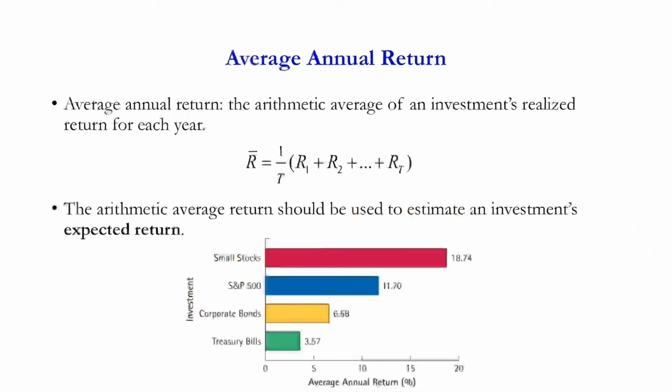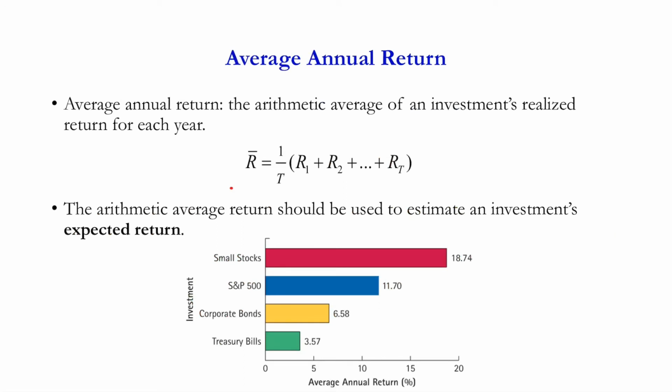So we already knew how to calculate the realized return from chapter 7. But if we want to calculate the average annual return for a historical period of time, we need to calculate the arithmetic average for that investment.